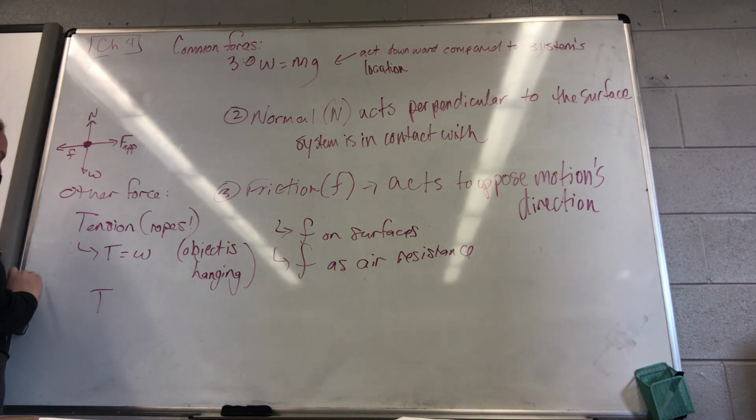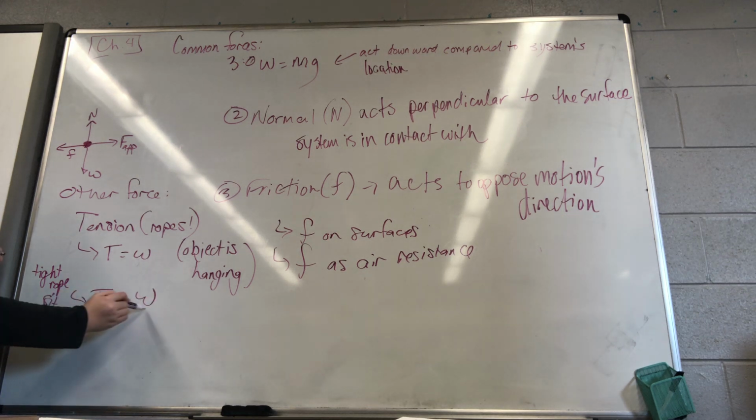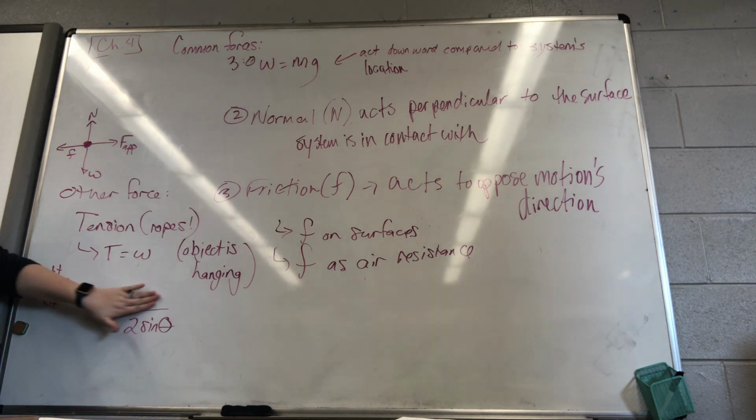Or we have what we call a tightrope situation. That tightrope situation is the tension equals W over 2 sine theta, W being, of course, mg, so if you want to, you can.